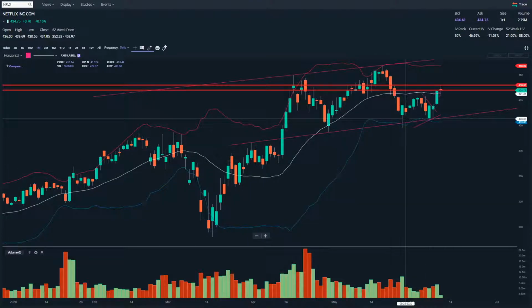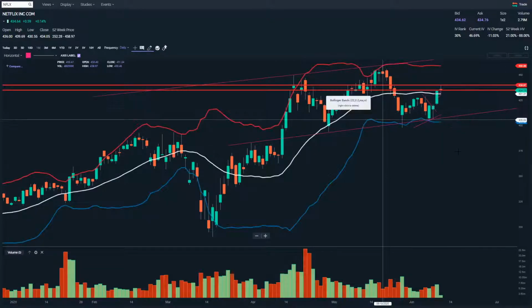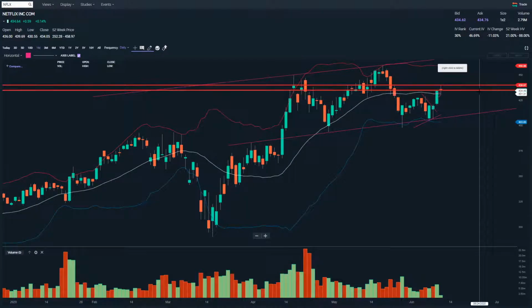Really, a put debit spread is a bet that, if you buy one with an expiry in 40 days, what I'm really betting is that in 40 days, price is below 435. If price is below 435 at expiry, that's worth its maximum value, which is the difference in the strike prices times 100.